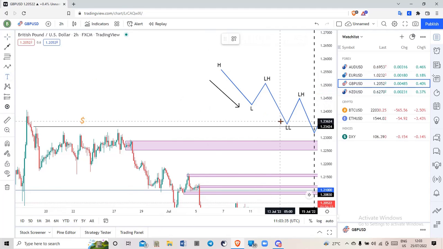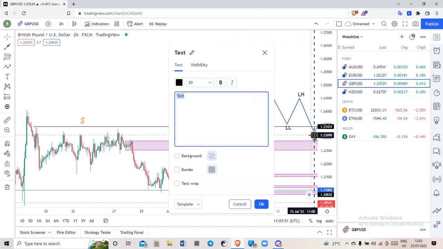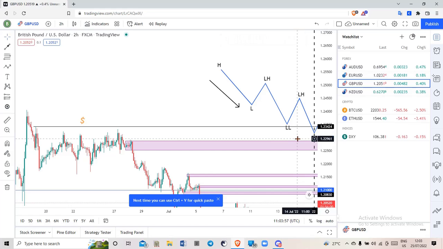So it's better you just call it a lower low, referencing it to this point. Or you probably call it lower low and then start counting lows as they are going down, which is very elementary too, depending on your understanding. So you can call it lower low just for the sake of clean labeling.